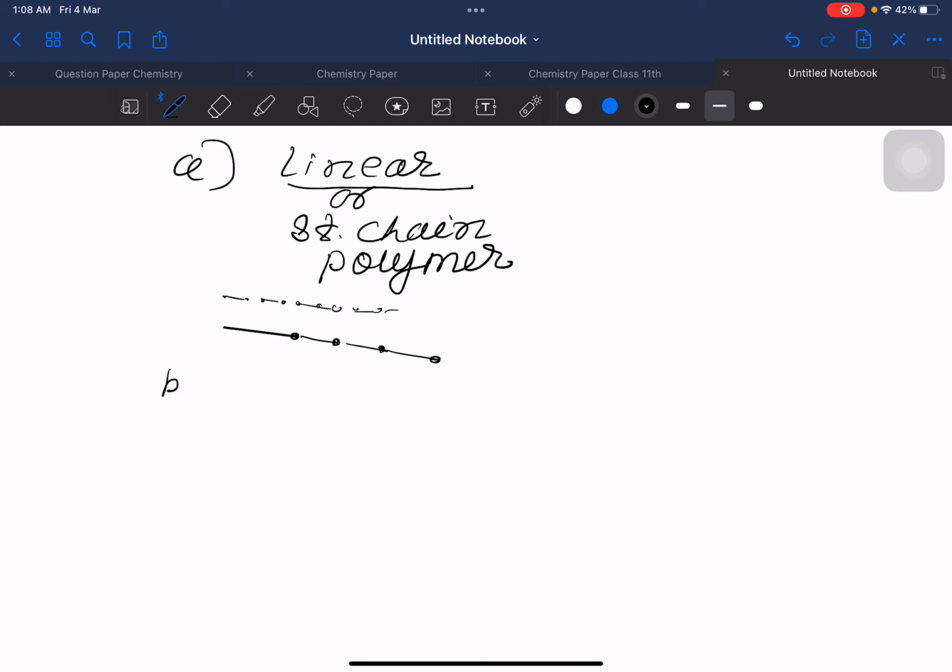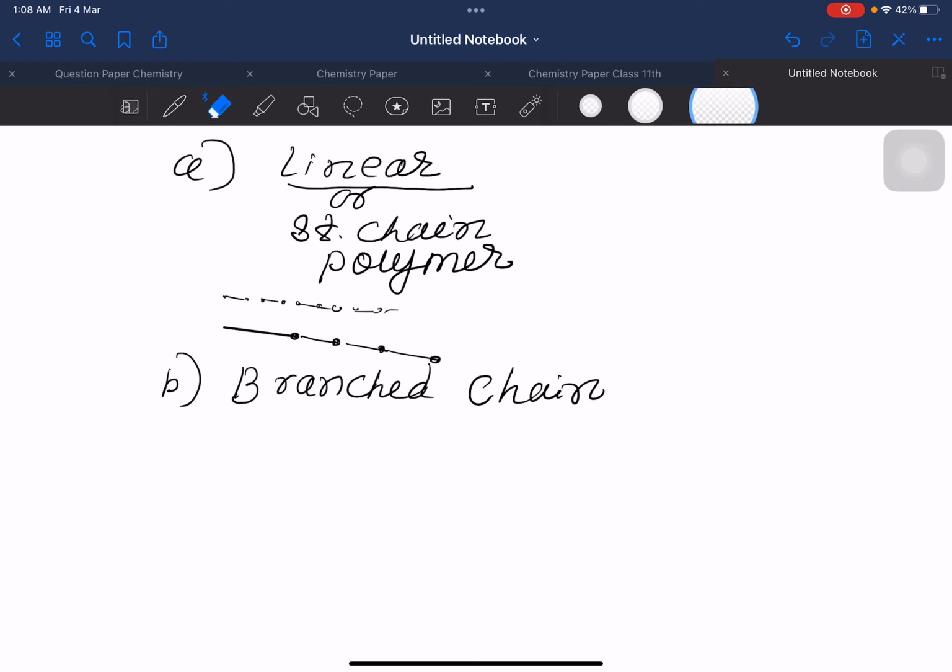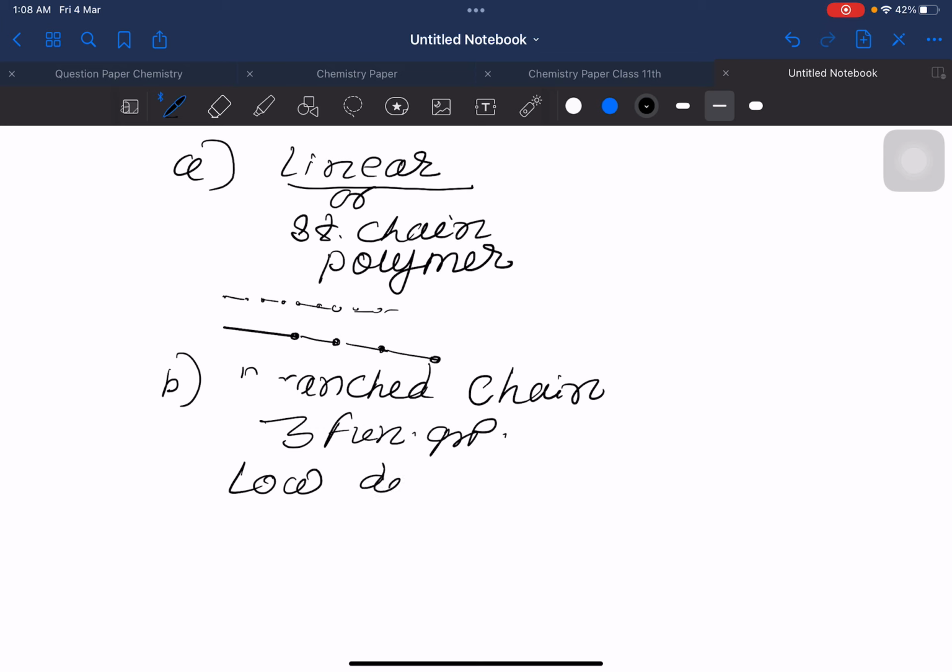Second one is the branched chain. The second most common arrangement is the branched chain. Monomers having three functional groups give rise to branched chain polymers, for example low density polythene.